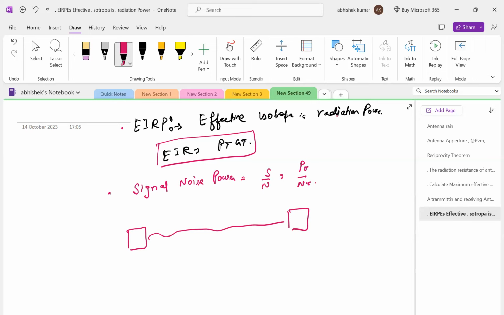So one of the parameters of our receiver is power received by noise received, that we always have to calculate. Got it? Any doubt in this? No, good.